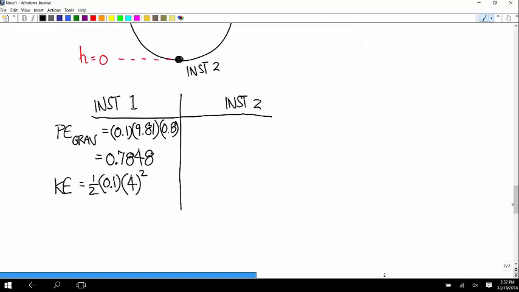So you get 0.8. Okay, and then at the bottom, at instant 2, gravitational potential energy is the mass, 0.1, times 9.81, times the height. What's the height at instant 2?